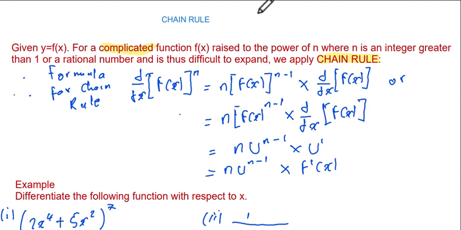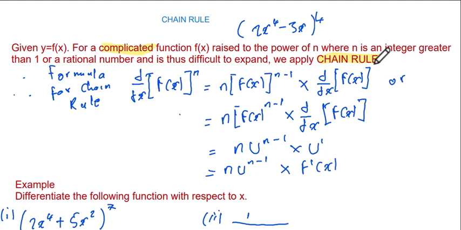For example, where we have 2x to the power 4 minus 3x, raised to the power 4. Such equations are complicated, where n is an integer greater than 1 or a rational number. That's when it's very difficult for us to expand, so we apply the chain rule.